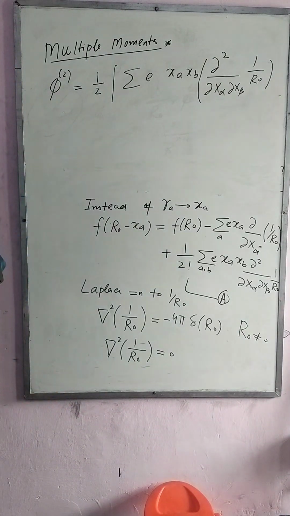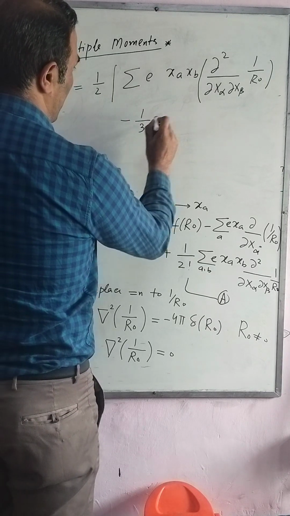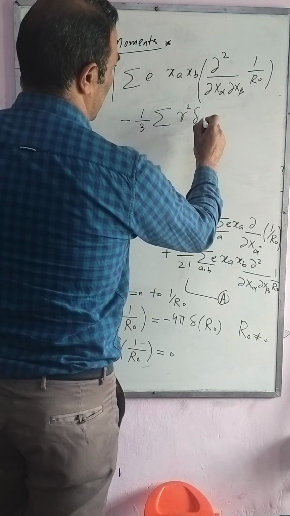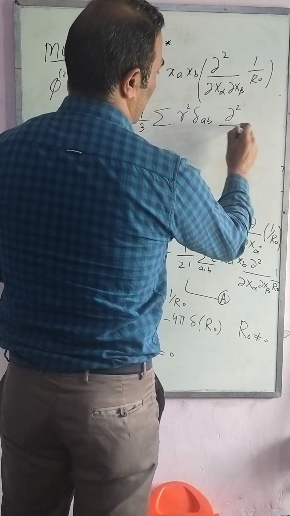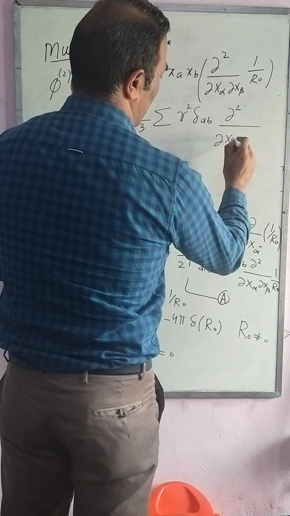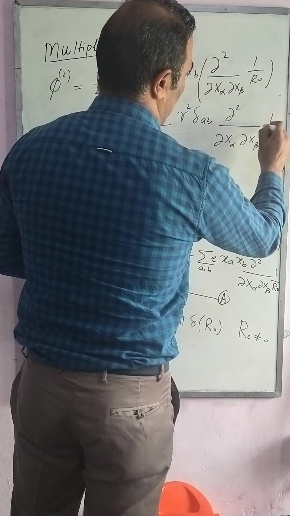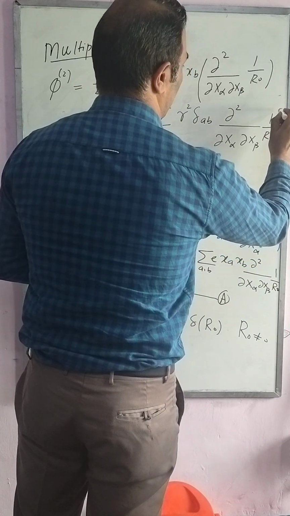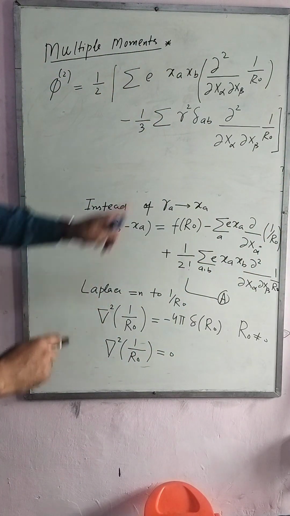So this first term, second term will be, from here we can have one more term, that is 1 by 3 summation over r square delta AB partial 2 by. Okay, where does this term come from?